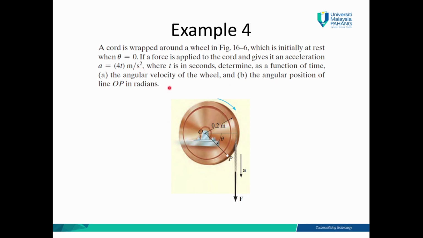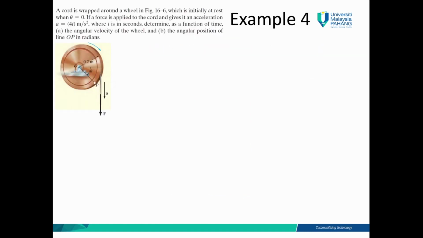Okay, so how do you find the angular velocity of the wheel? First, you need to find the angular acceleration. You have acceleration, you need to find angular acceleration. So how do you do that? You already know that acceleration is equal to angular acceleration times the radius.